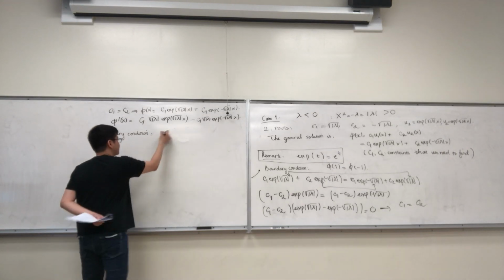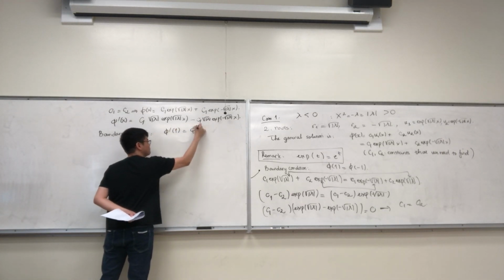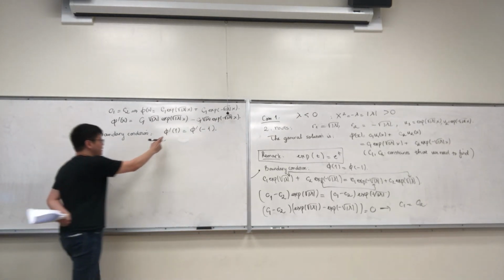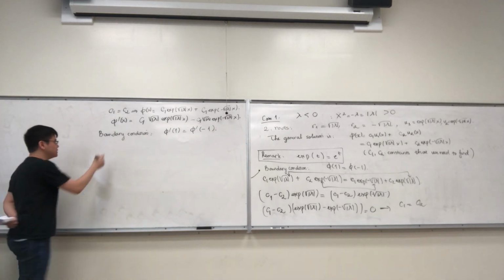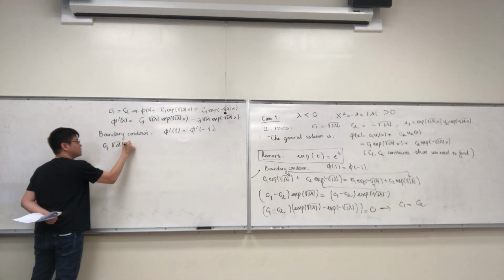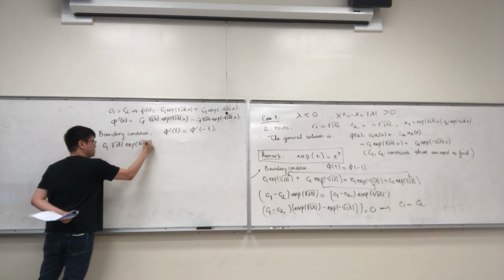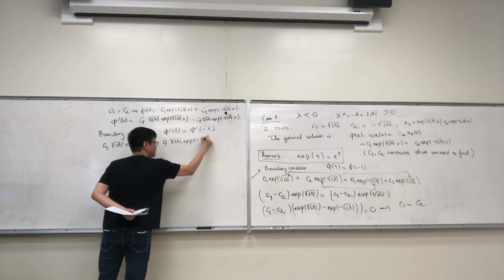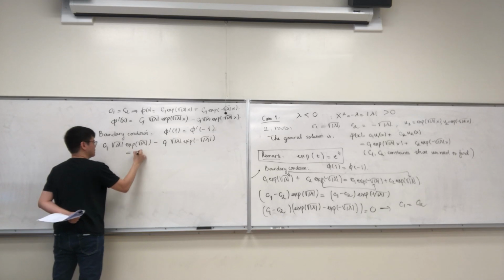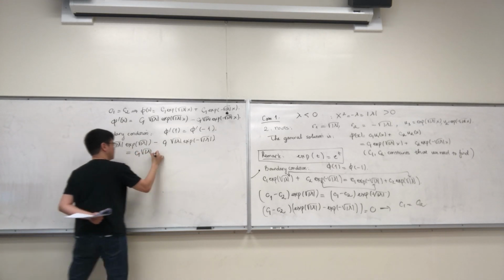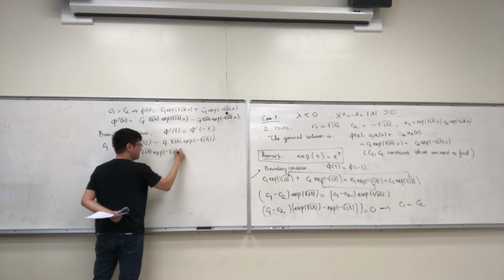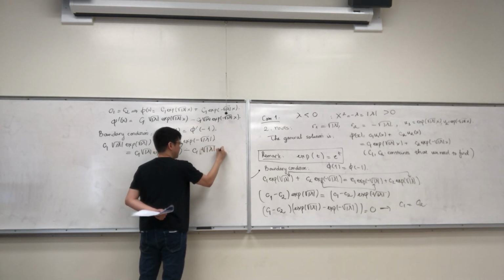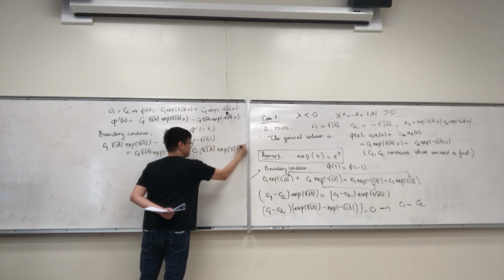Right, so now I'm going to use boundary condition 2. So phi prime at 1 is going to be phi prime at minus 1. So phi prime of 1 is equal to phi prime at minus 1, which means that C1 square root of lambda exponential of square root of lambda is equal to C1 square root of lambda exponential of minus square root of lambda, minus C1 square root of lambda exponential square root of lambda.